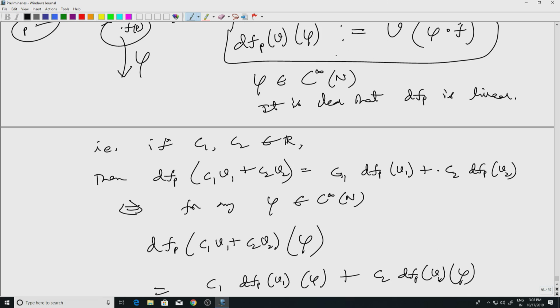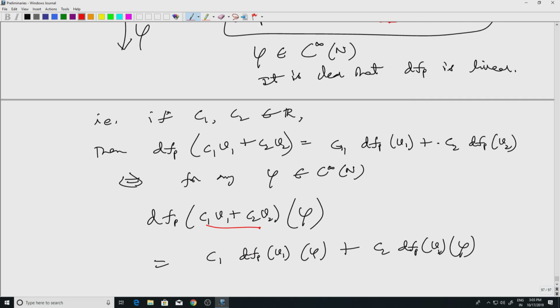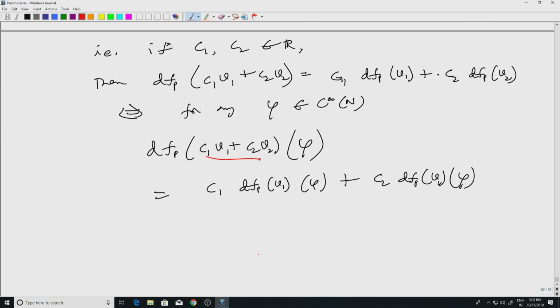So instead of this v, I would end up plugging in this thing here, and so the action of c1 v1 plus c2 v2 on this function, and then just split it up and so on.